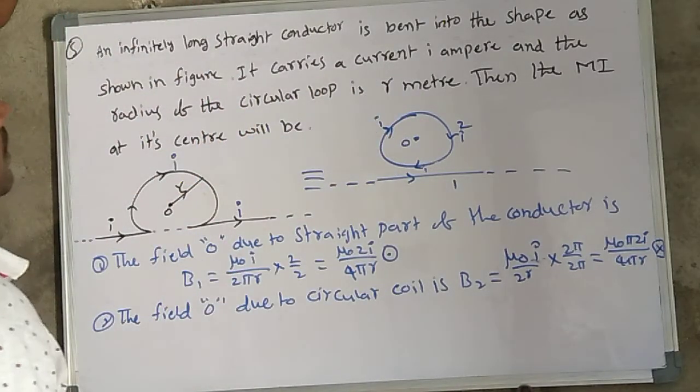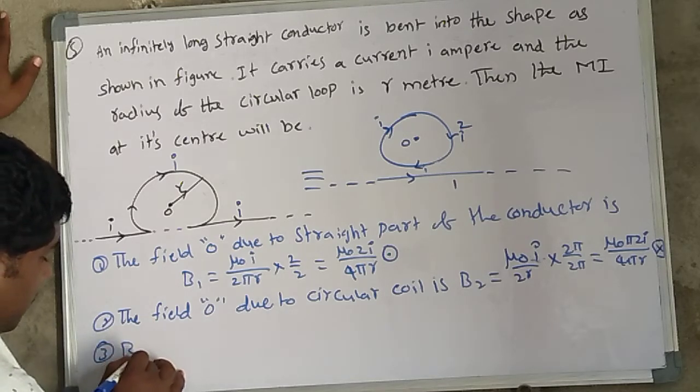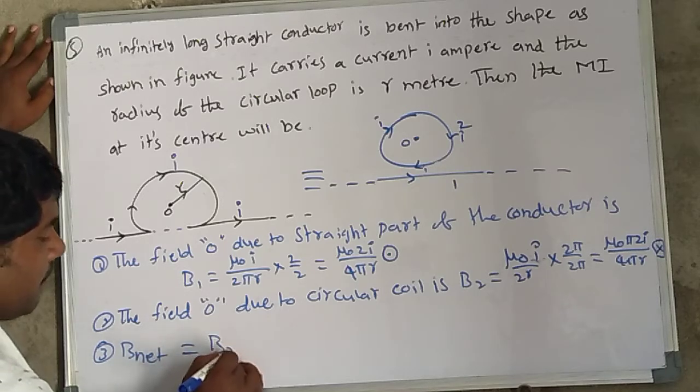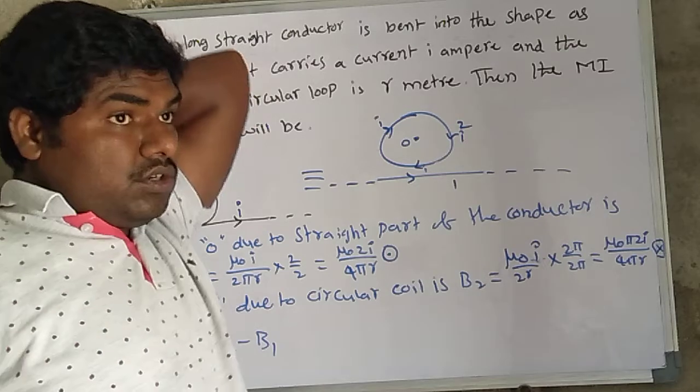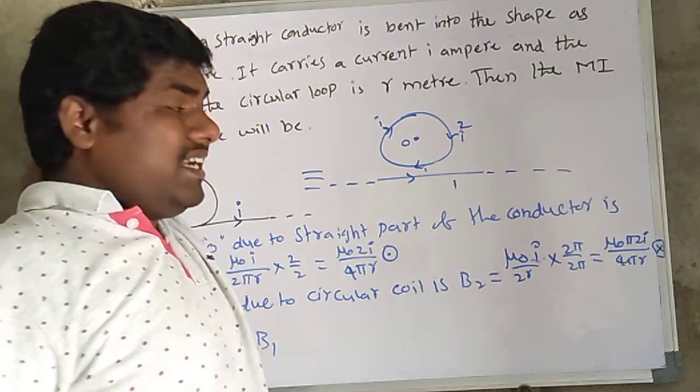So here the net magnetic field at center, third point, B net at center is equal to your B2 minus B1. Why? Because towards inward direction you may take positive, outward direction you may take negative.